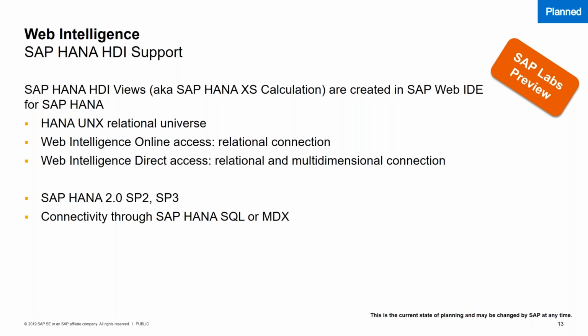We call this HANA XS calculation, which is a specific type of HANA view, which can be created into SAP HANA Web IDE, and you can access them starting from SP7 via SQL or MDX, which means that you can create a relational UNX on top of your HDI view, or you can use the Web Intelligence Online Access or the Web Intelligence Direct Access, both relational or multidimensional mode or connection, if you prefer, to consume this new type of HANA view.